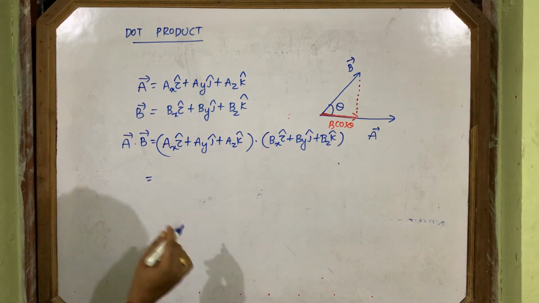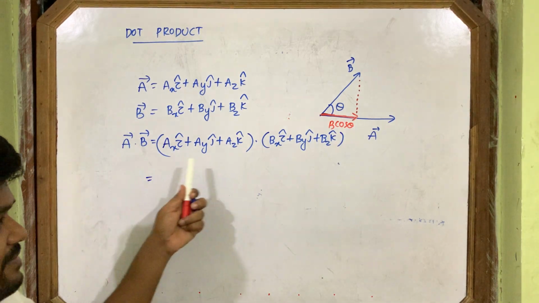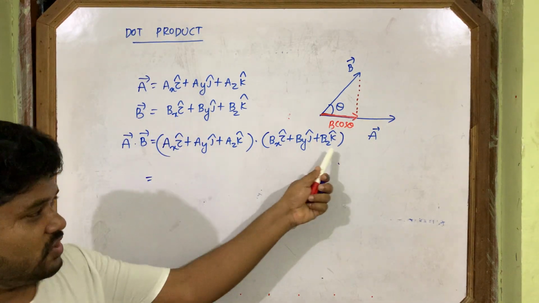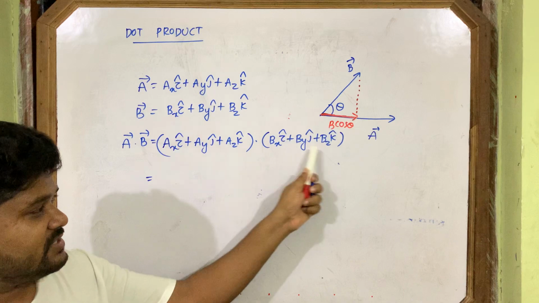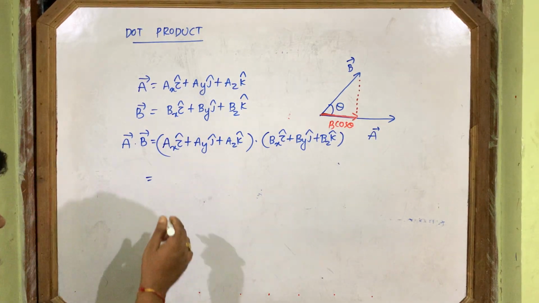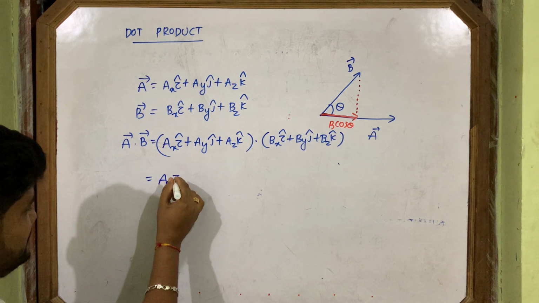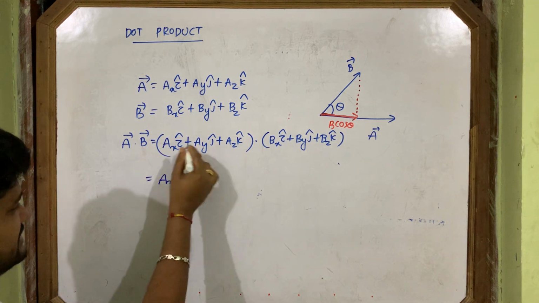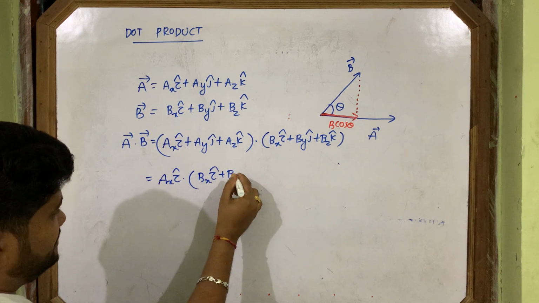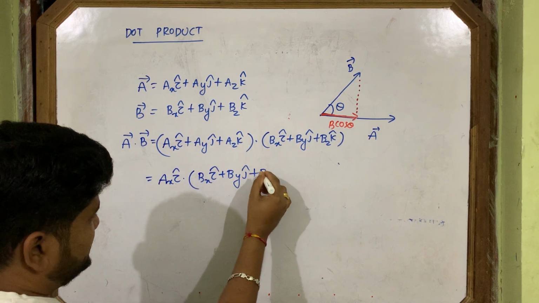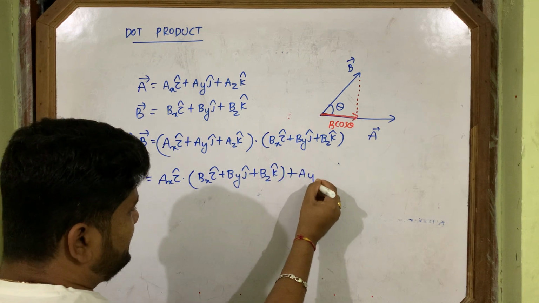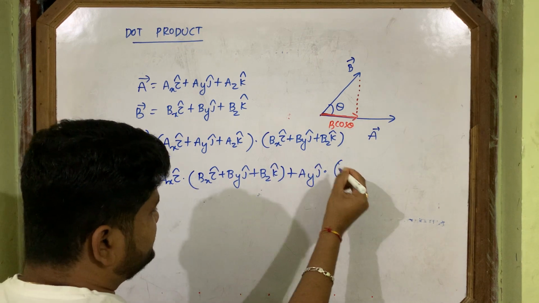So it is equal to, now let's multiply them by the distributive law. One term with all, then another with all, then the last one with all. Just like the lower class distributive method, have patience and do. So this is ax i cap dot (bx i cap plus by j cap plus bz k cap) plus ay j cap dot (bx i cap plus by j cap plus bz k cap).